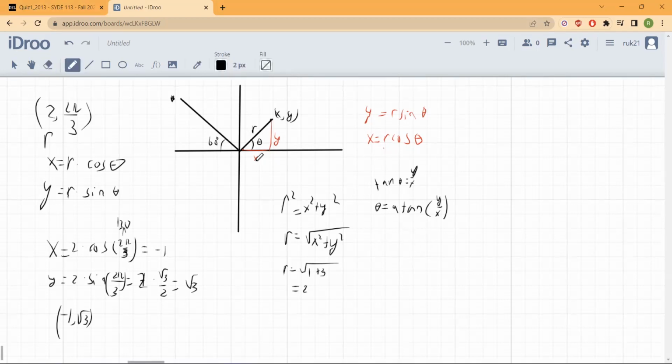So you know that this is happening in the second quadrant because you know that (-1, root 3) is in the second quadrant. So then you take the inverse tan of root 3 over 1. So you know that arctan of root 3 is 60 degrees. And then because you know it's happening in our second quadrant, you can then deduce that it's going to be 120 degrees, which we're talking about.